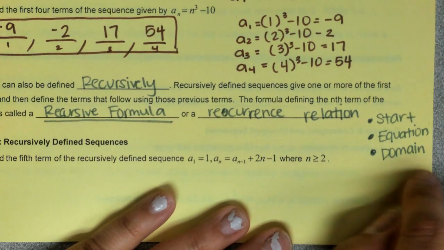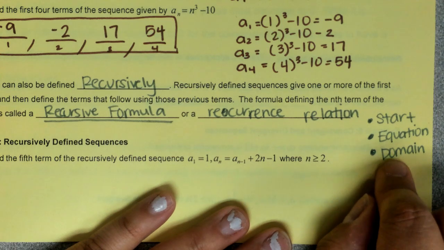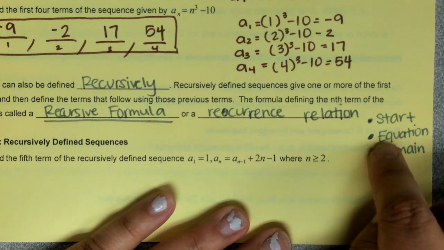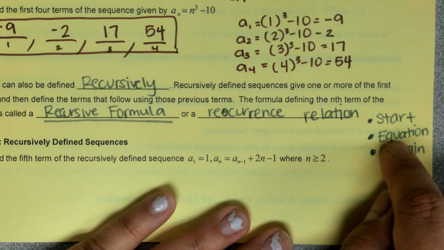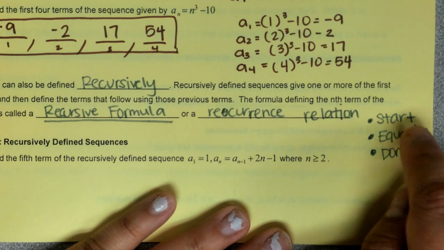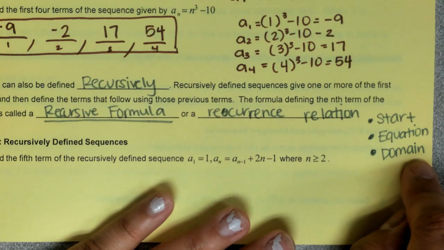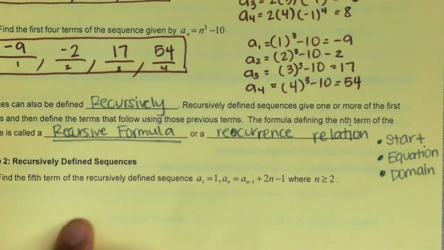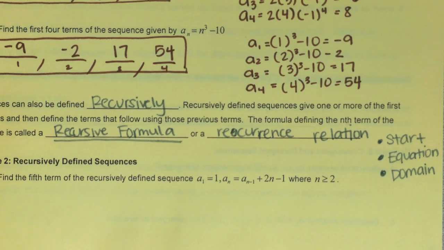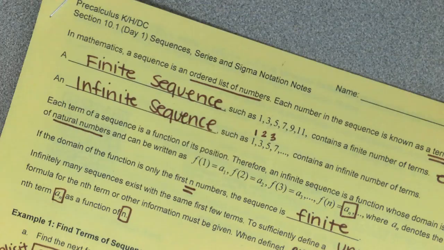Hold on though, listen, if you don't have these three things, it's not technically the recursive formula. A lot of y'all just want to put the equation and think that you're done. No. A recursive formula requires a starting point, an equation, and a domain. So, I'm going to skip example 2A and do that as the second one. Can everybody open up to the back page?